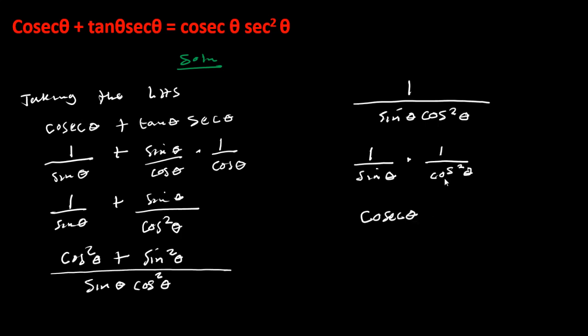And then we know that 1 over cos squared theta is just sec squared theta. So this is just equal to the what? The right hand side. So this is just our solution, and you write hence proven.